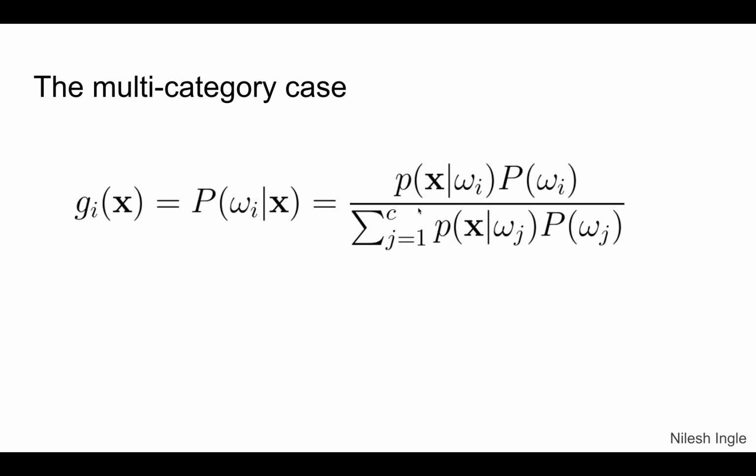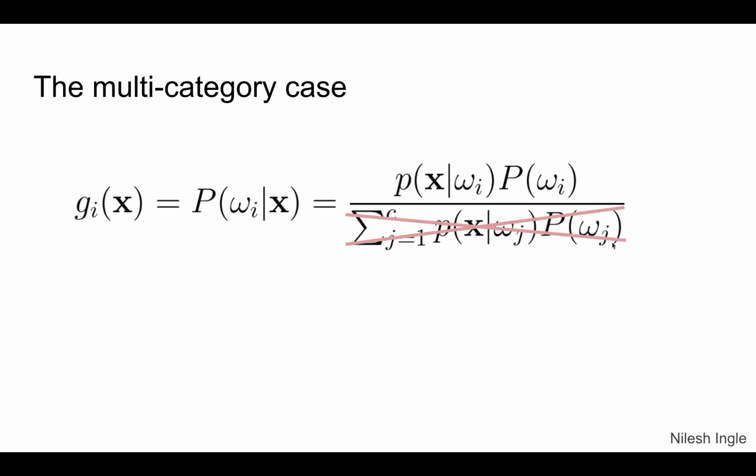For the multi-category case, meaning multiple classes from 1 to c, this is the Bayes equation, where this is the posterior probability, we have the likelihood, prior, and the evidence down below.